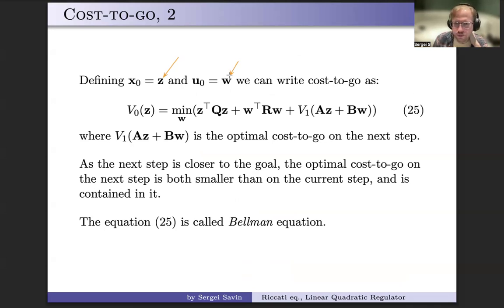We can write cost to go as, so the cost to go at point 0 would be what we obtain by minimizing over control u, in this case, w, over this instantaneous cost. So that is the instantaneous cost at the first step, plus the optimal cost to go starting from the next step.